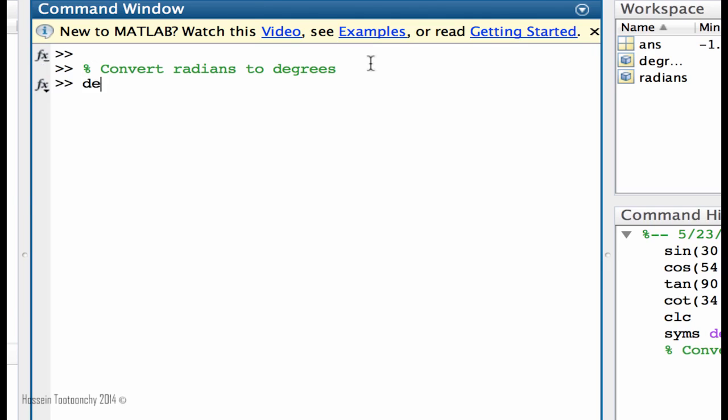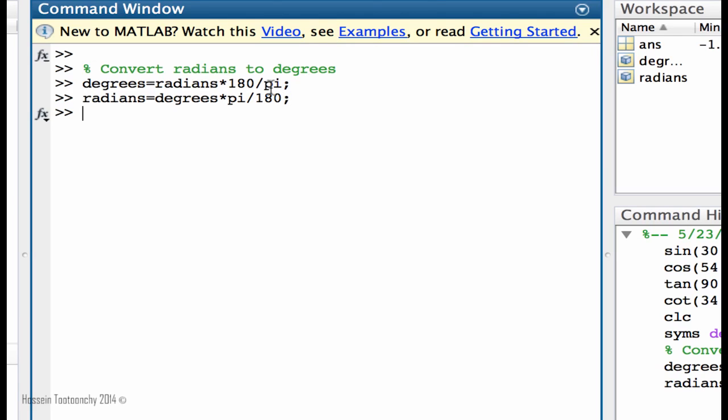Here we go. Degrees equals radians multiplied by 180 divided by pi. And radians, on the other hand, equals degrees multiplied by pi over 180. So these two formulas are the ones that we use for converting any number into radians and vice versa.